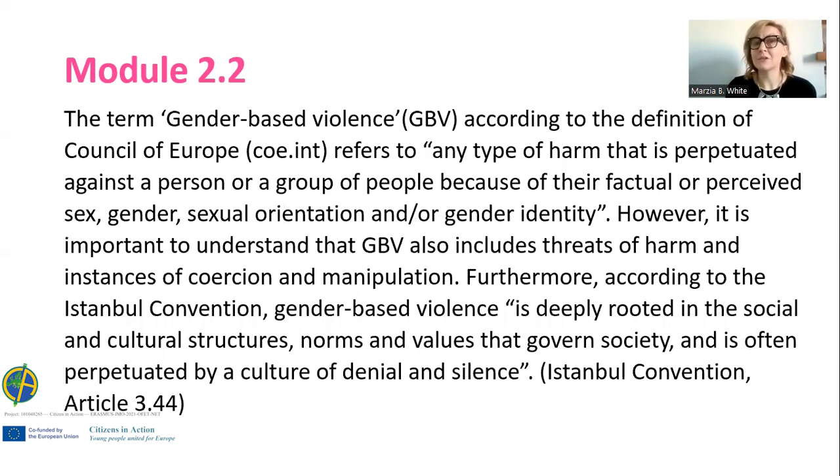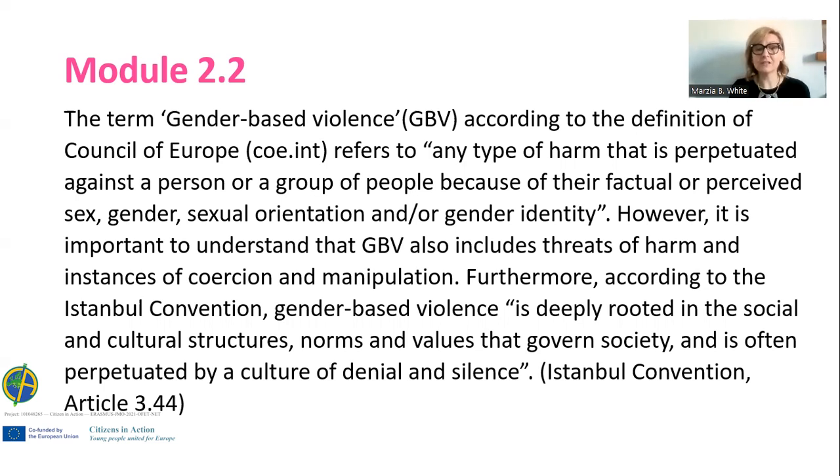The term gender-based violence, according to the definition of the Council of Europe, refers to any type of harm that is perpetrated against a person or a group of people because of their factual or perceived sex, gender, sexual orientation, and/or gender identity. However, it is important to understand that gender-based violence also includes threats of harm and instances of coercion and manipulation.